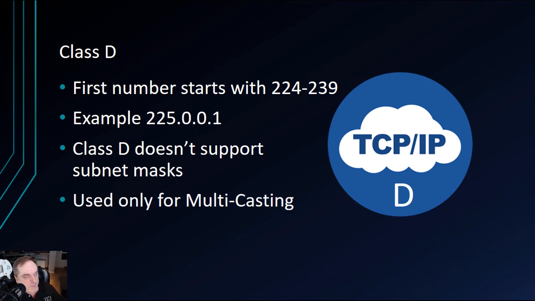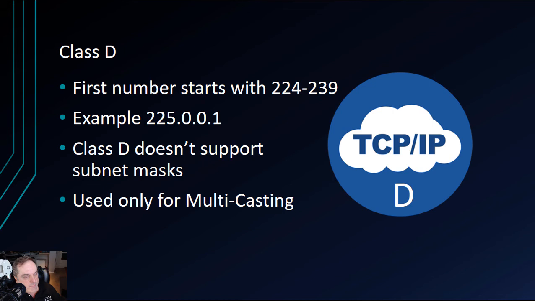It's only used for one thing, and that's multicasting. Multicasting is, once again, where you send from one computer to many computers, things such as video, or something where you need to broadcast a whole bunch to a whole bunch of computers from one computer, and that is called multicasting.